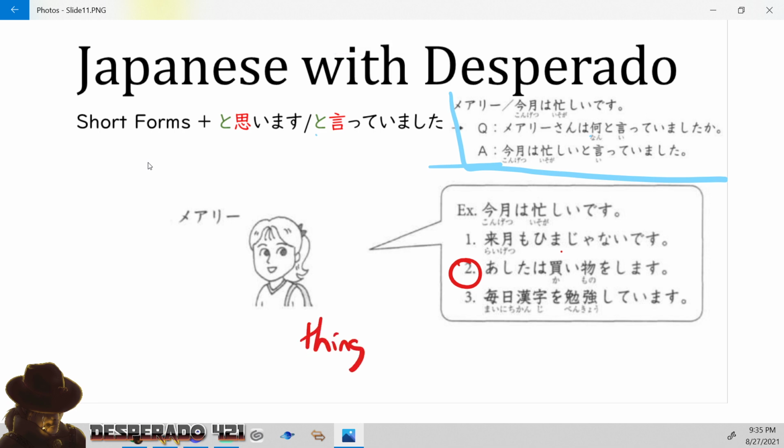Okay. And nomimono, drink things. Very good. So, let's take a look at this here. This kai comes from kau, which is the Japanese word for buy.